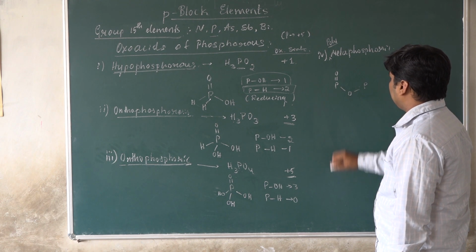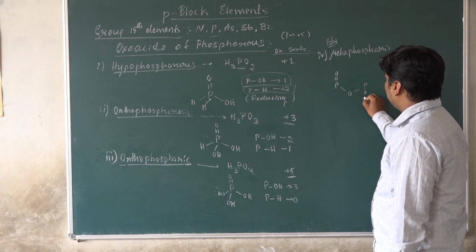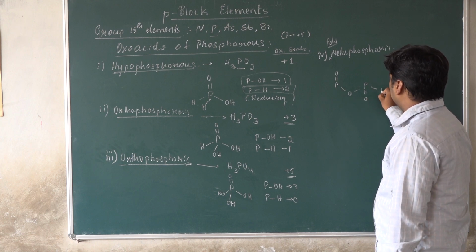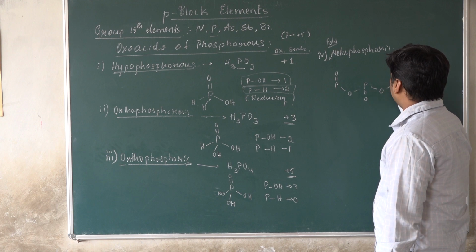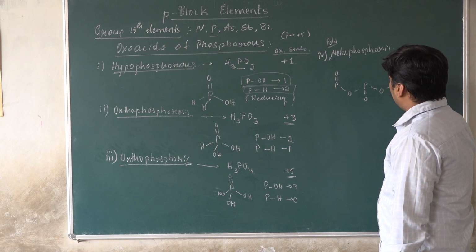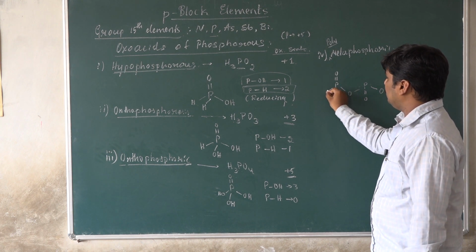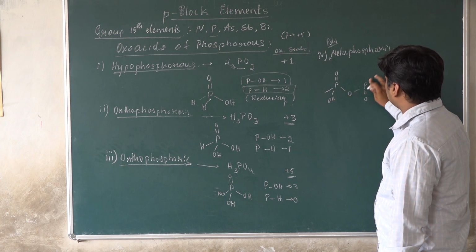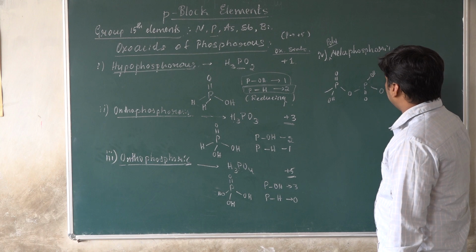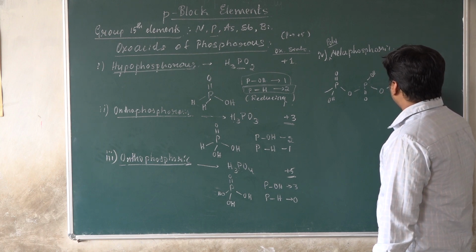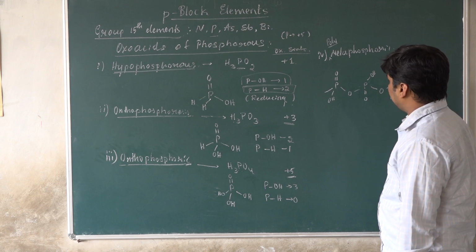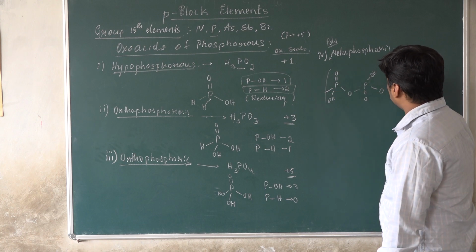P contains O, again O, next P, and similarly polymerization takes place, with one OH on each. Look at the chain, it goes on.